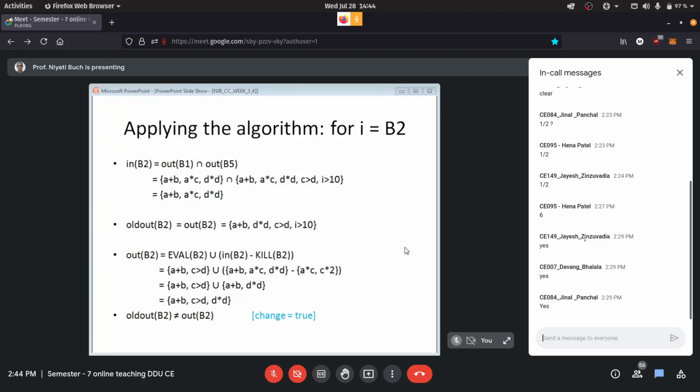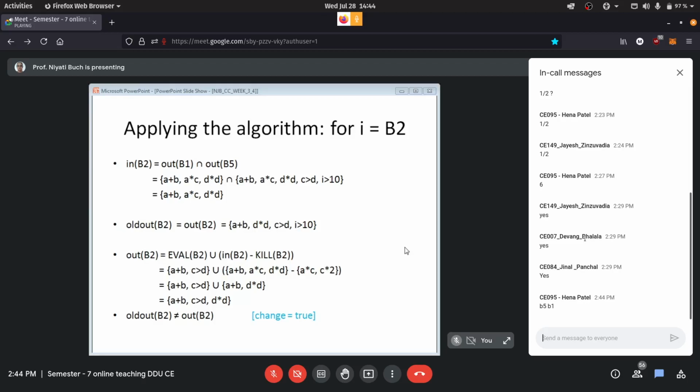Basic block B2 has got two predecessors, B1 and B5. So we have to take an intersection of the out sets. Correct, Hina? Yes, you have got that. So it has got two predecessors, we have to take an intersection, and when we take an intersection, this is the value that we see.